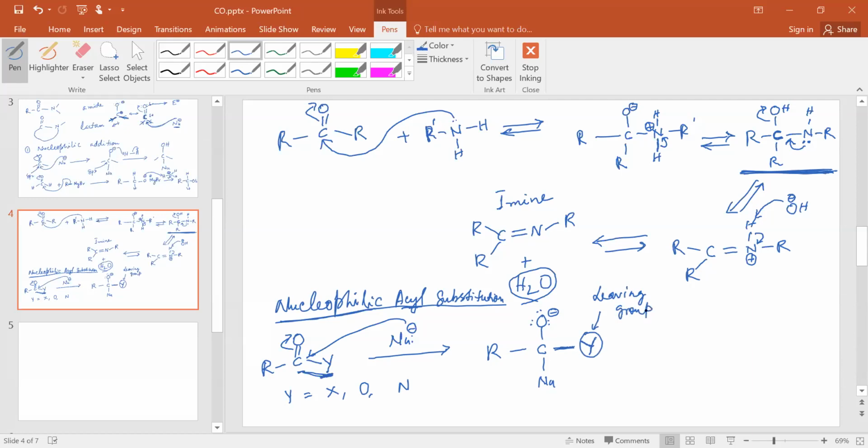Oxygen pushes and Y pulls off by itself. One of the lone pairs will come back and Y will leave. So the nucleophile substitutes the leaving group Y, and the product will be a carbonyl attached to the nucleophile.